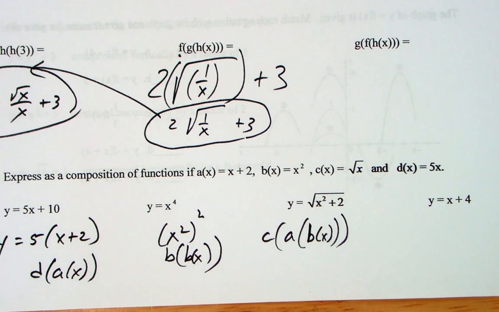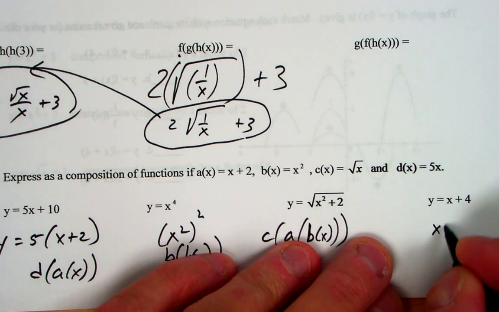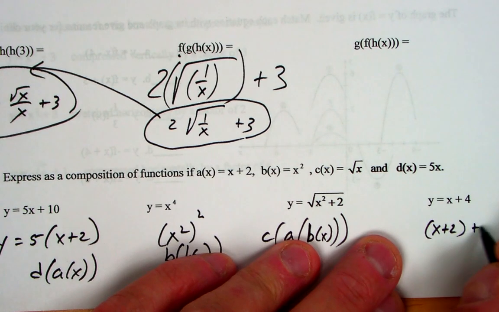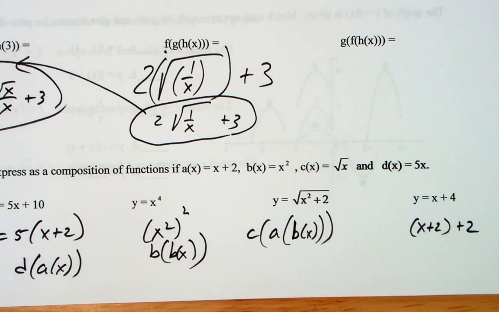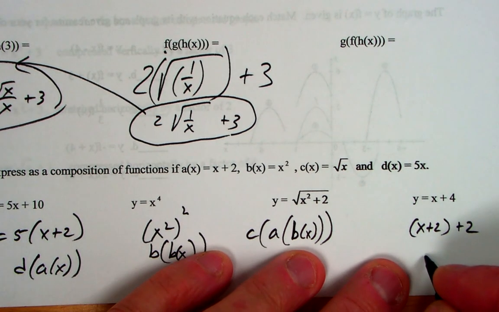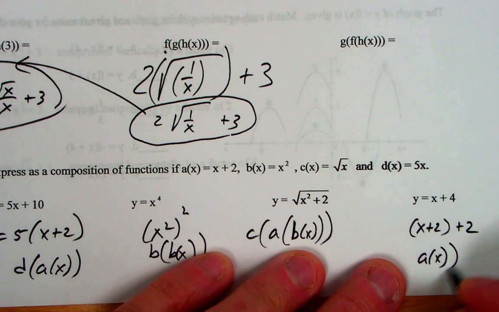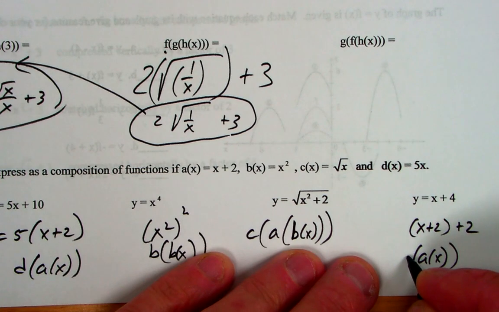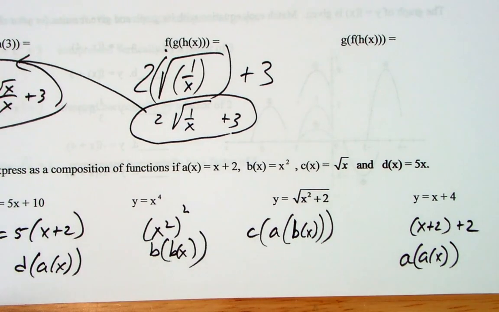We'll do x plus 2, and then when we're done with that, we'll add another 2. I thought it was going to be something fancy with square roots or squaring or this, that, and the other, but we made it too difficult. We would do a of x, and then to a of x, we will add another 2, so we need another function a.